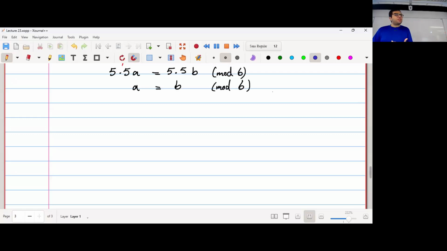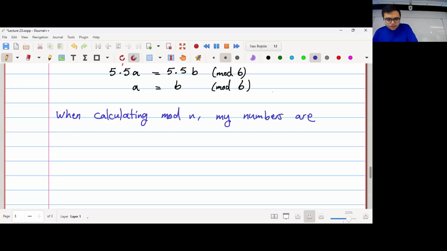So when calculating something modulo n, basically all of my numbers are 0, 1, 2, so on to n minus 1, right? Because I'm ignoring everything other than the remainder modulo n.